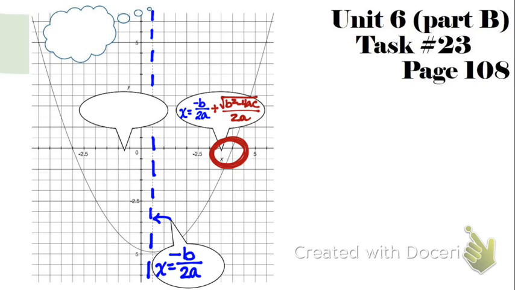How would we find the root that's on the left? Same as this one, but with subtraction sign. This is the speech bubble that I like their placement of the least. I felt like it needed to be over further. X equals negative b over 2a, because that finds the middle. And then we would subtract the square root of b squared minus 4ac over 2a.